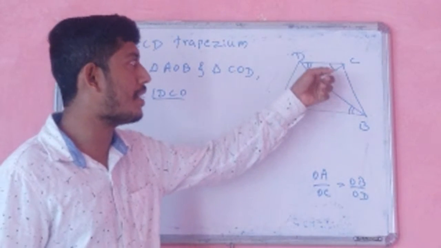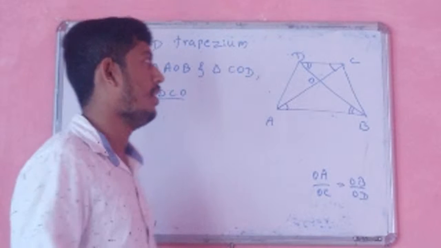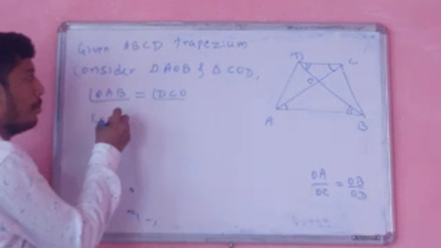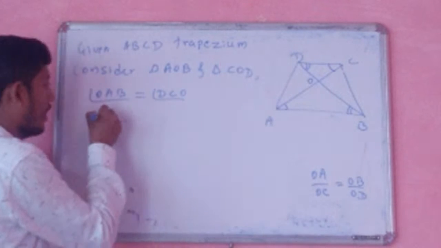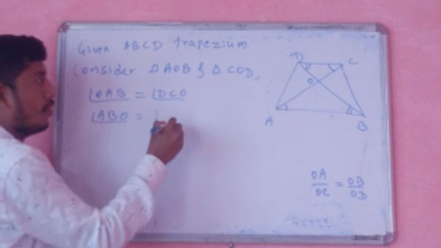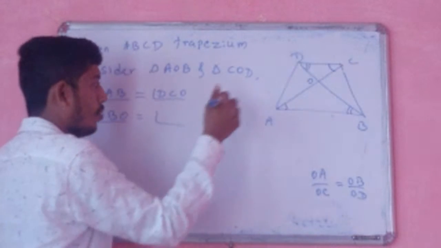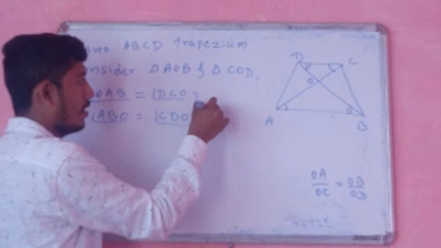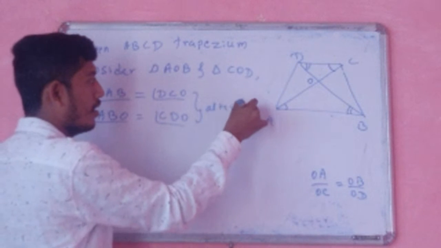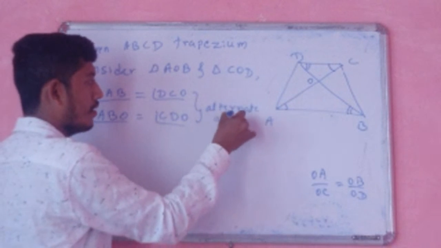Therefore angle B is also equal to angle D. Therefore I will write angle ABO is equal to angle CDO. So the reason is alternate angles.